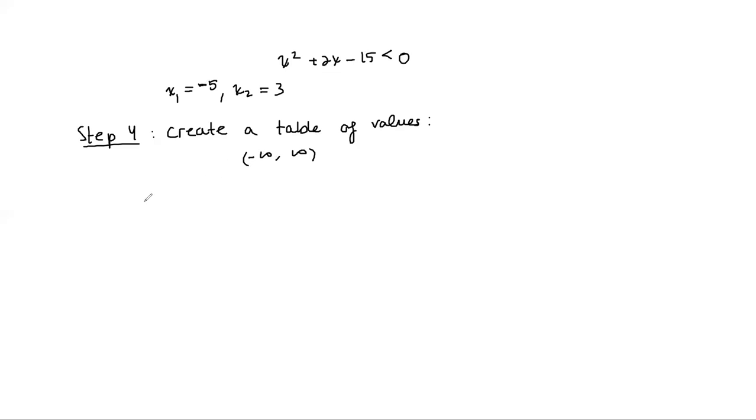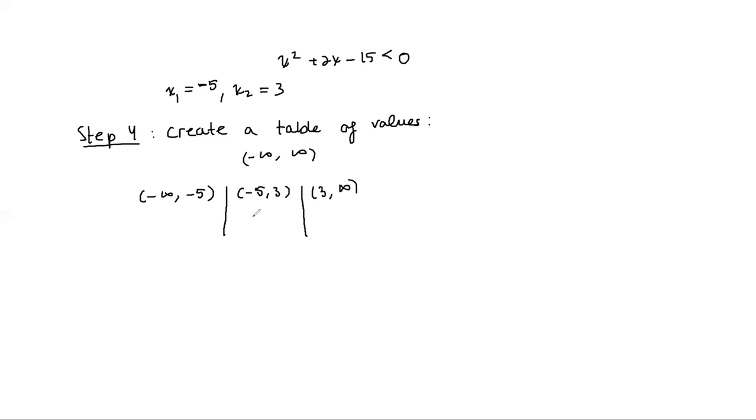How? I'm going to rewrite minus infinity to minus 5, not included, and then I'm going to have another one that goes from minus 5 to 3, not included. And then I'm going to have 3 to infinity.